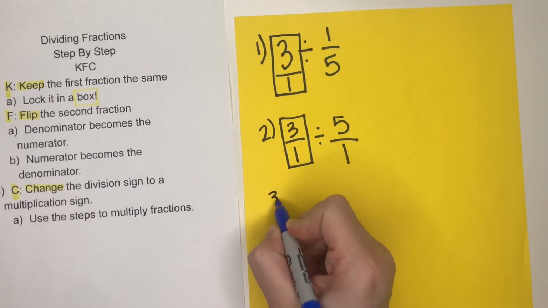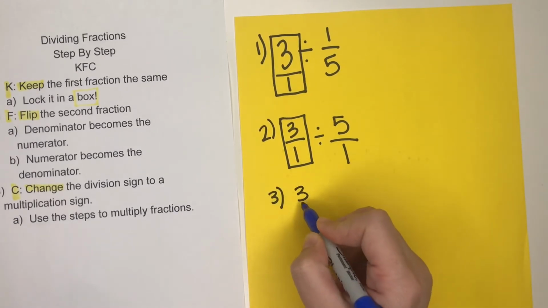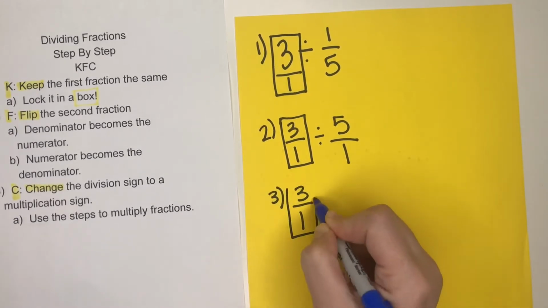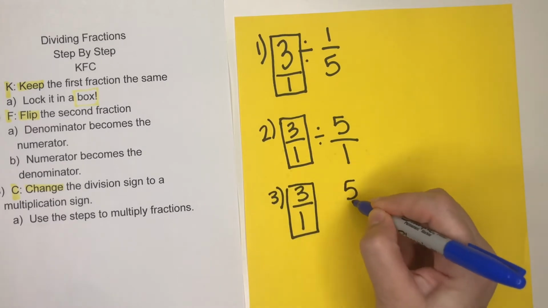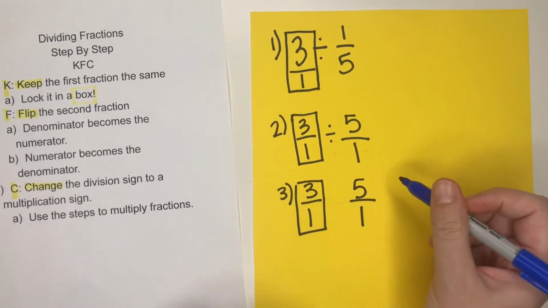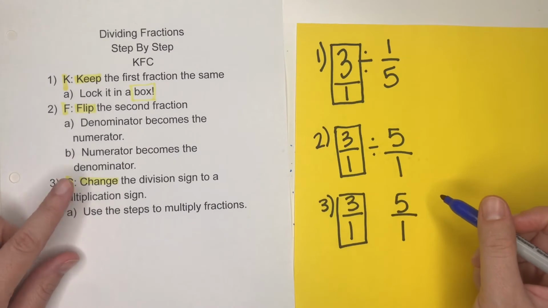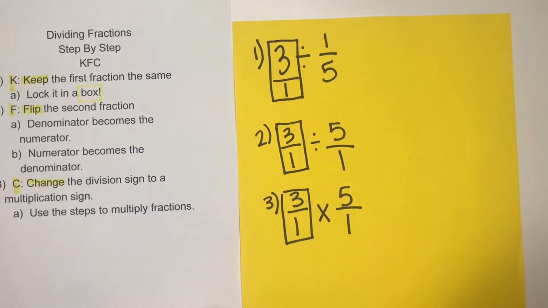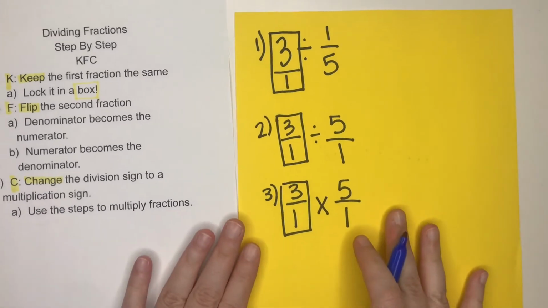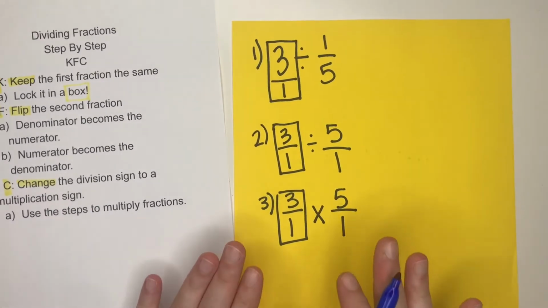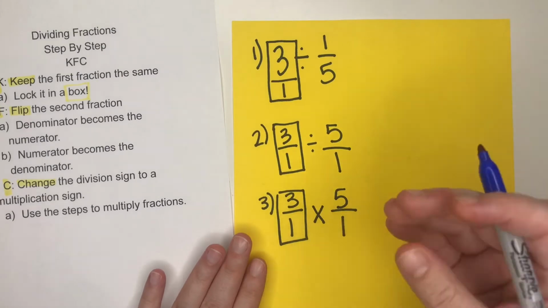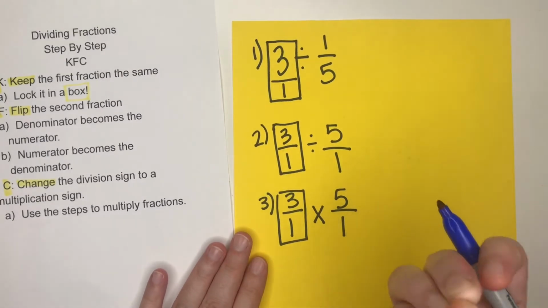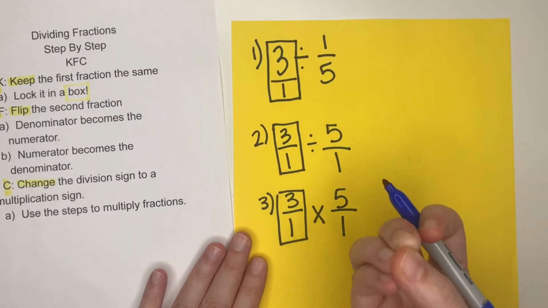Thirdly, keeping that first fraction inside the box, having flipped our second fraction, the C in our step says to change the division sign to a multiplication sign. I am now ready to treat this as a multiplication problem, and I can do that because multiplication and division have a relationship. They are inverse operations.